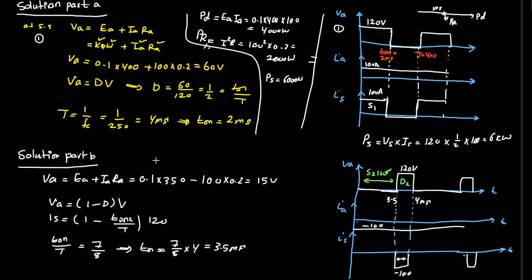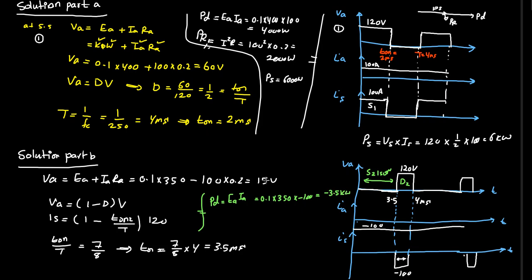So now if we need to calculate the same thing, the power developed by the machine, we can say the power developed is equal to EA IA, and this will equal 0.1 multiplied by 350 multiplied by minus 100, so this will equal minus 3.5 kilowatt.